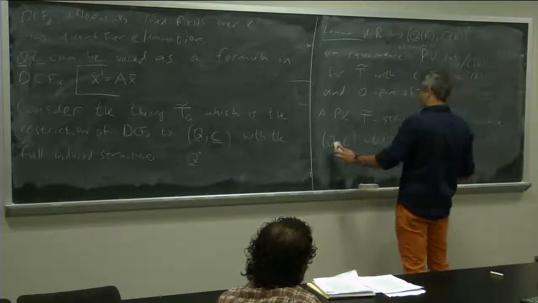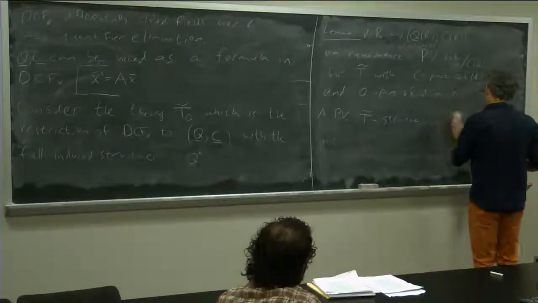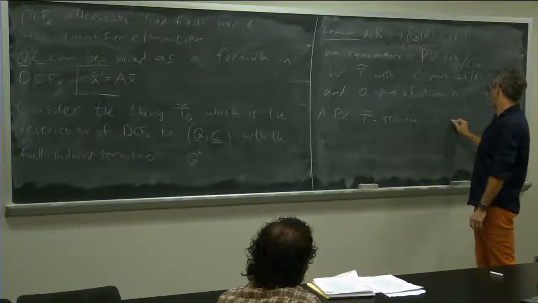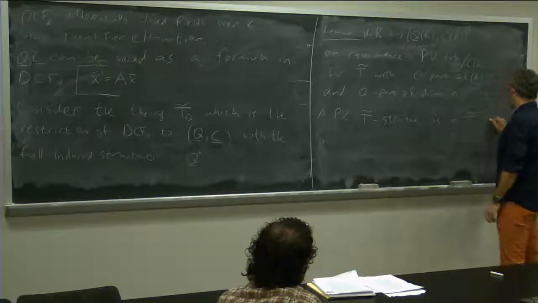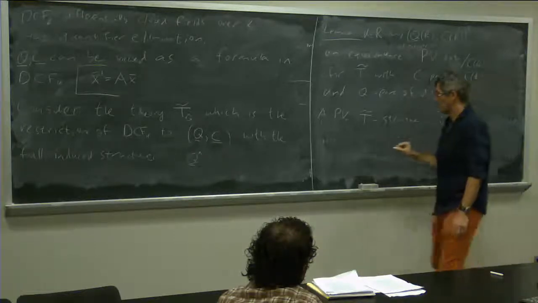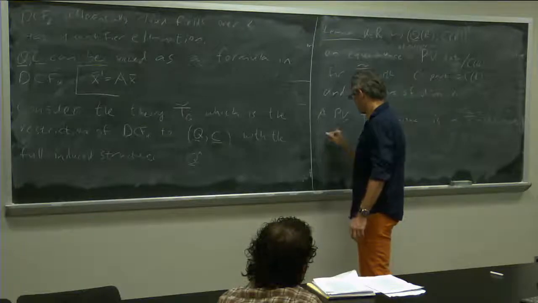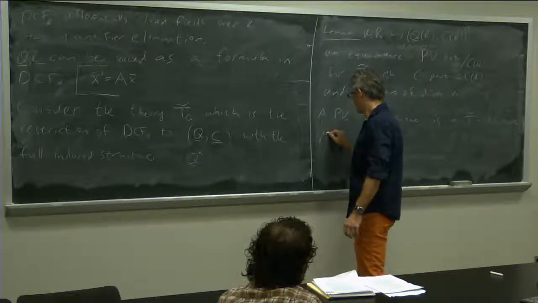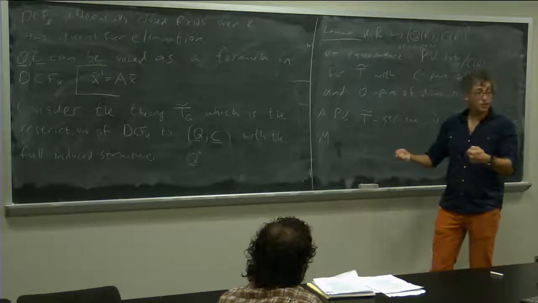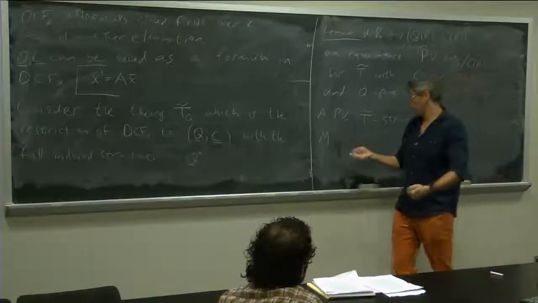So a PVT structure is a T-tilde structure. What is a T-tilde structure? It has two parts, the C part and the Q part.